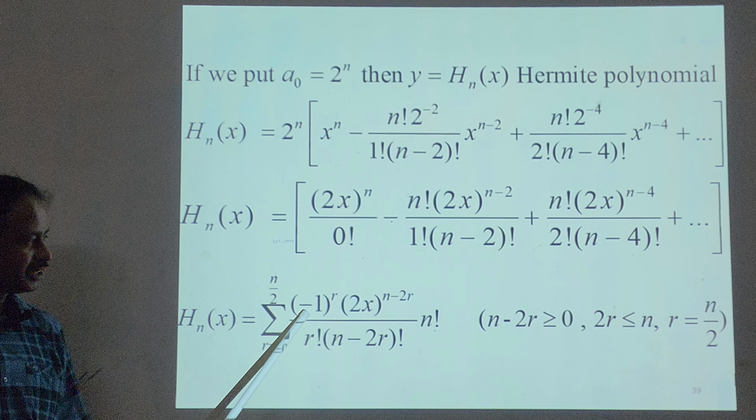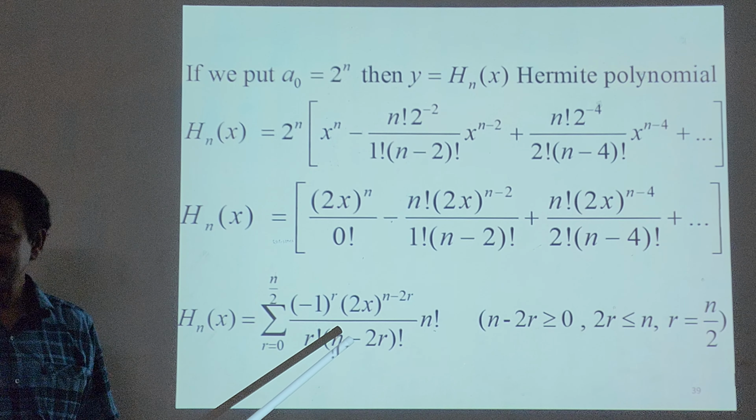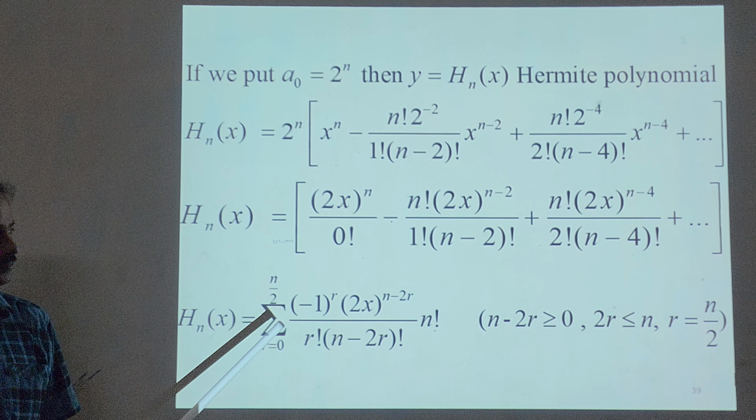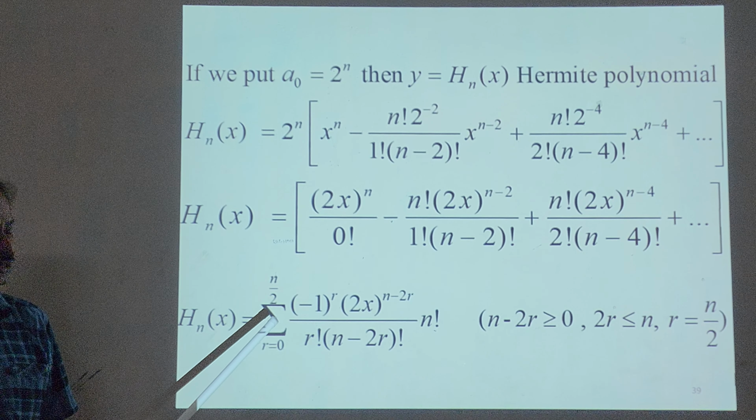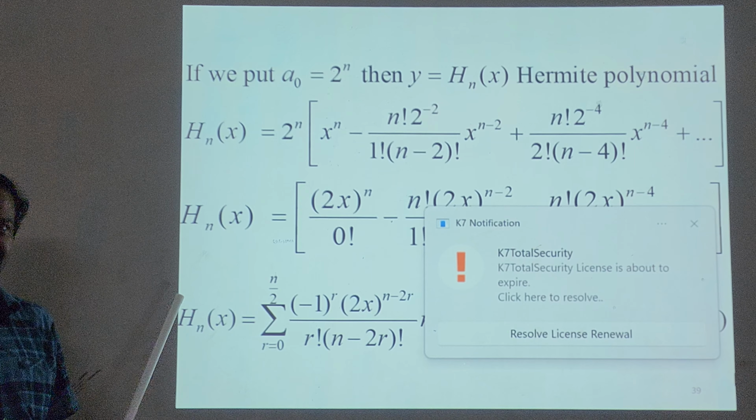What is the denominator? r equals 1 factorial, n minus 2 factorial. Is it okay? r equals 3, you substitute r equals 3, you will get the next term. r equals 4, you will get the next term, and you go on with the next terms.